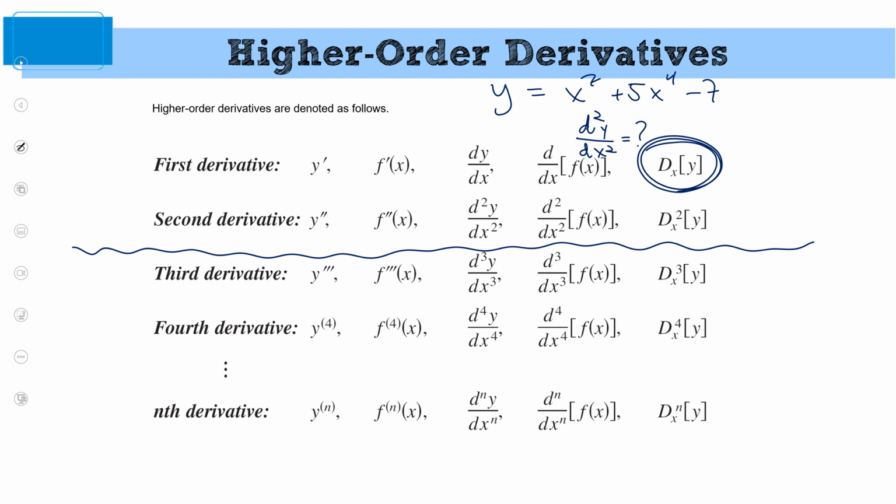You need to know what I'm asking you to do. Which is exactly what you said. Take the derivative, then take the derivative of the derivative. It's the same formula. It's just taking the derivative of the derivative.